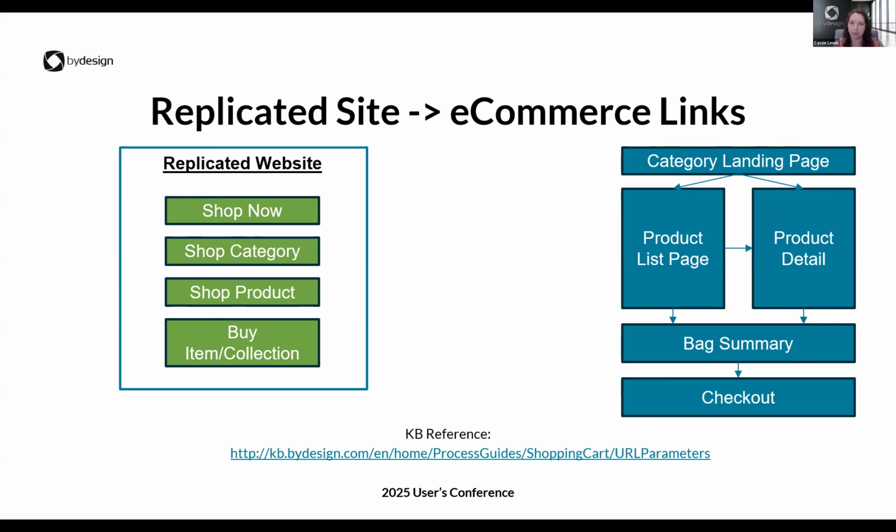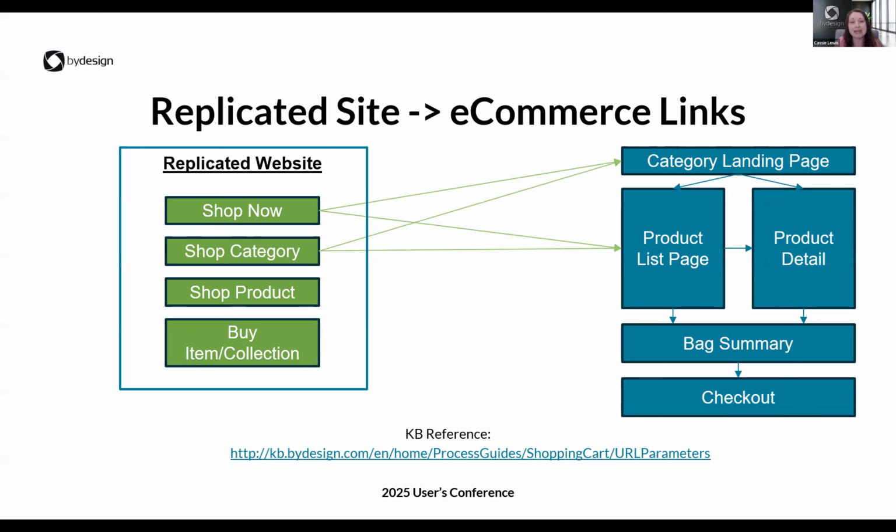On your WordPress site or your primary marketing site, the adapture.com, if you will, that replicated site, you can control where you direct them to in the cart. For example, the Shop Now button on your WordPress site can take them either to your home page, which is that category landing page, or you can land them at the full product list page.